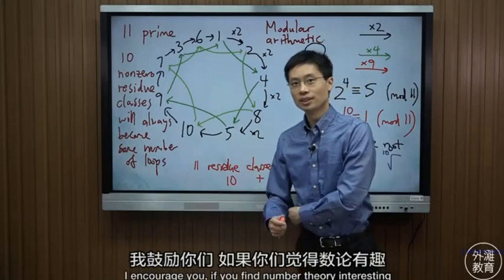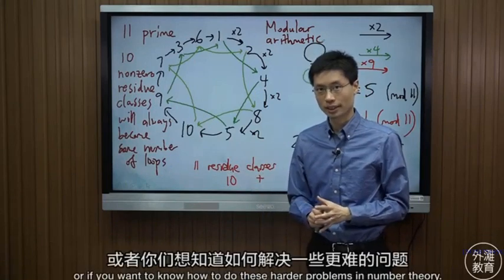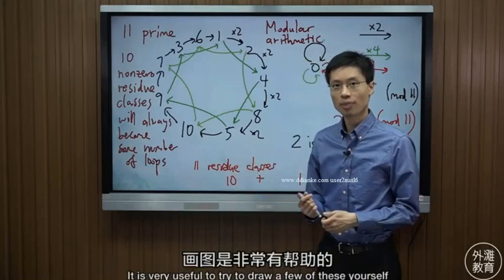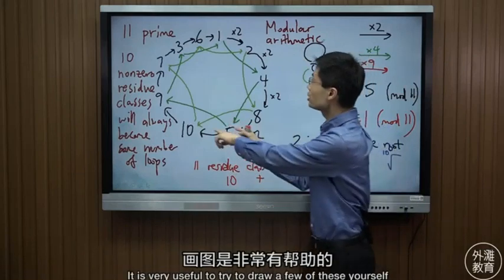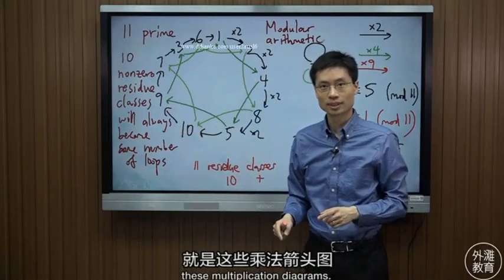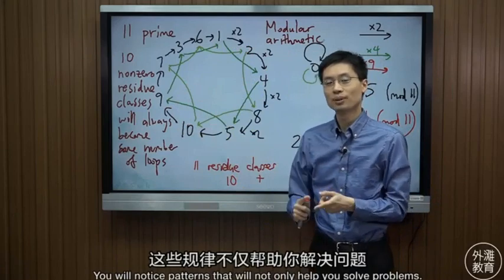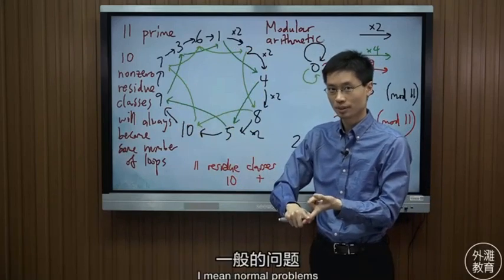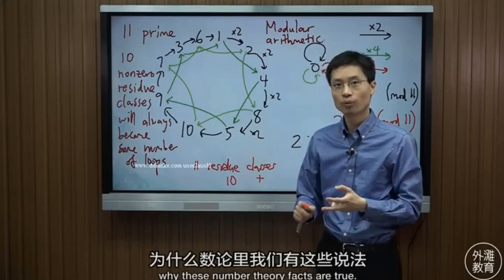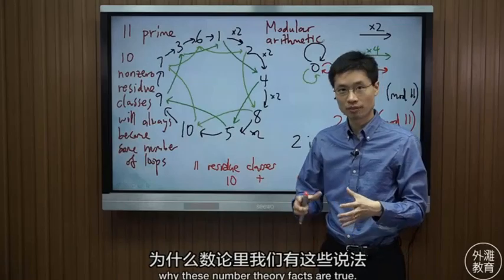I encourage you, if you find number theory interesting, or if you want to know how to do these harder problems in number theory, it's very useful to try to draw a few of these yourself, these multiplication diagrams. You will notice patterns. They will not only help you solve problems, normal problems, but they will also give you more understanding of why all of these number theory facts are true.